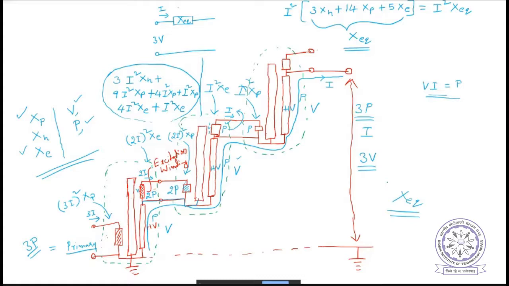Assume the same thing, XP, XE, XH at base voltage V and base power P, and derive the expression for n transformers. Let us see how you will get it. This you can do as an assignment. Do you have any questions?